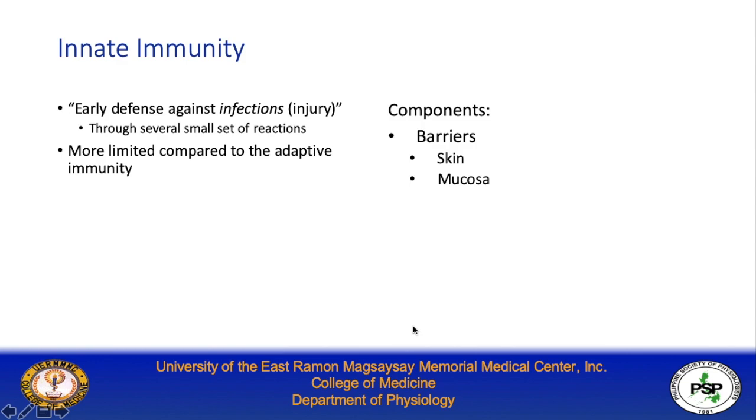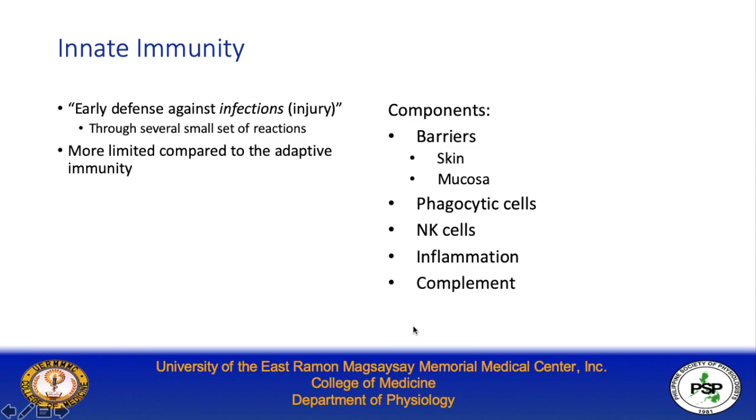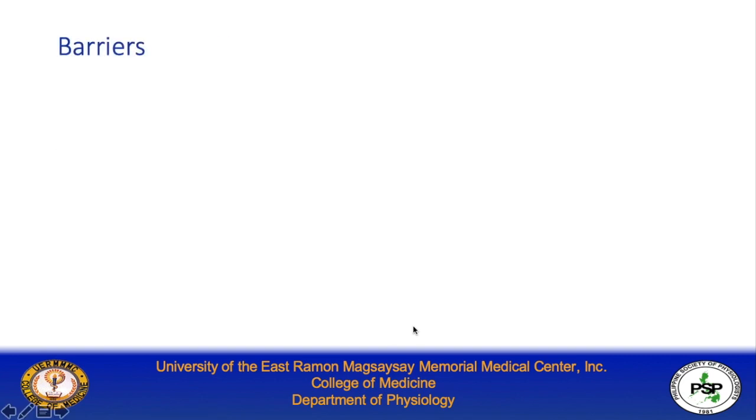These are your skin and the mucosal lining, or the one that lines the mucosa. You also have the phagocytic cells, your neutrophils, macrophages, and eosinophils. We also have your natural killer cells, the process of inflammation, complement activation, and cytokines like your interferons.